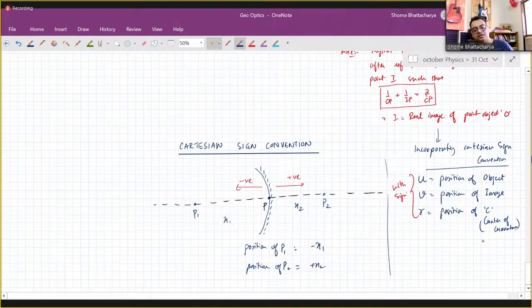So in a situation like the above case, with respect to the pole, the center of curvature is here, the image was formed here, the object was here because of this sort of reflection.